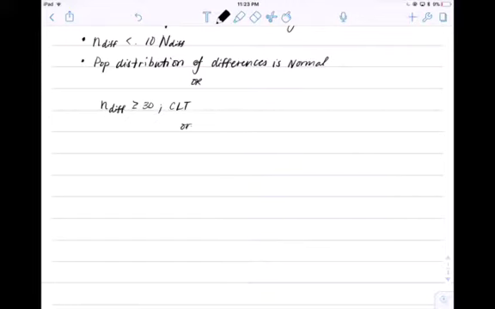Okay, and the last potential way you can show normality is by showing the graph or assessing sample data. That's basically what this step is.